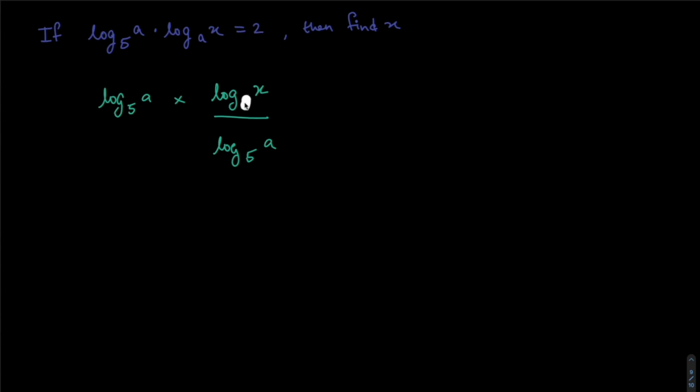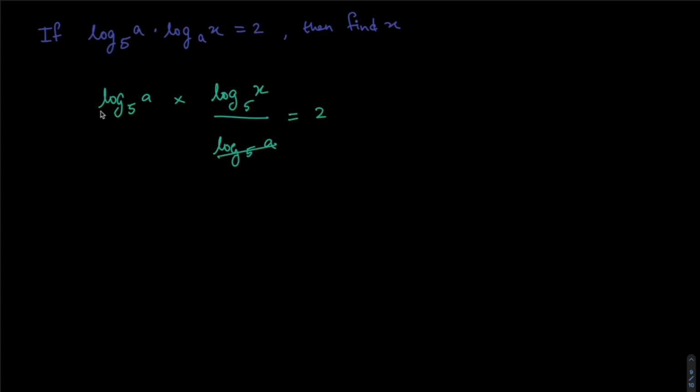I could have kept this as log base 6 and 6 as well, but I kept 5 because I want to get rid of this constant value here. I could have put pi, I could have put 10, I could have put 25, I could have put 99. It wouldn't matter, right? And then I can write is equal to 2, right?